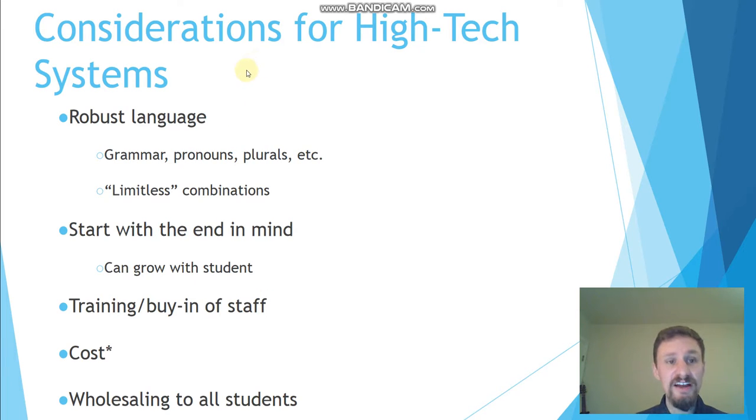Some considerations for high-tech systems. The first is that it allows for robust language creation. When we're talking about those different components of language that we discussed earlier, the phonology, morphology, semantics, syntax, and pragmatics, high-tech devices really open up the door for learning those and learning how to use them and expressing them.